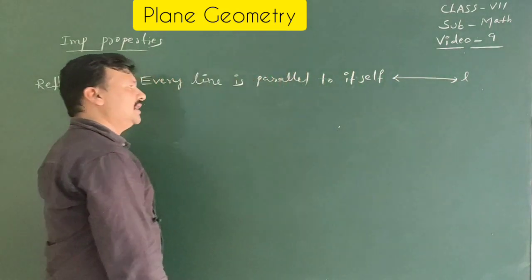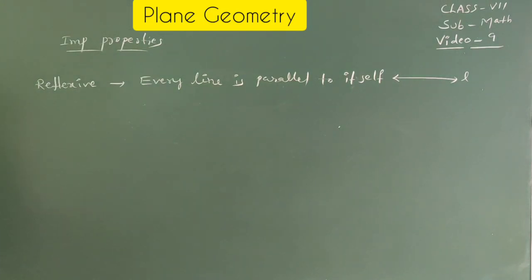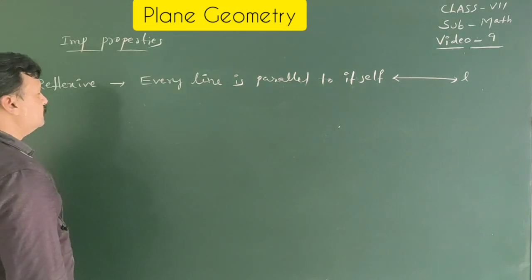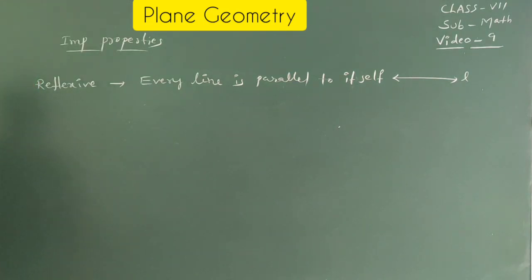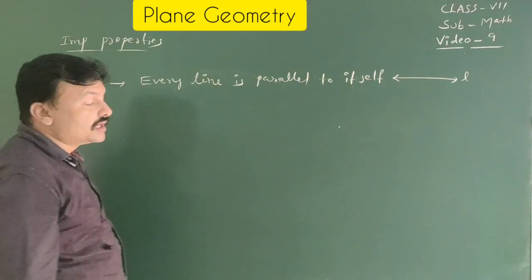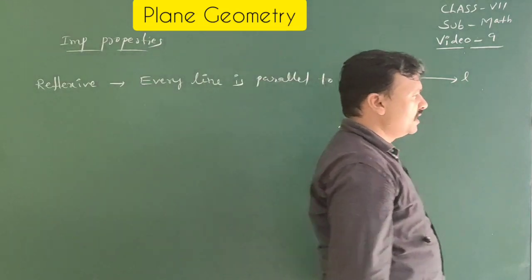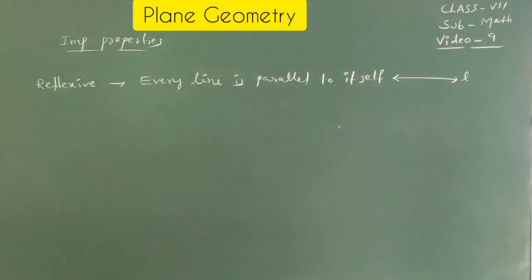L is parallel to L, M is parallel to M, X is parallel to X, like this. Every line is parallel to itself, and this is called the reflexive property. The reflexive property with respect to parallel lines is true. With respect to perpendicular lines, every line is not perpendicular to itself, that's why it is false.